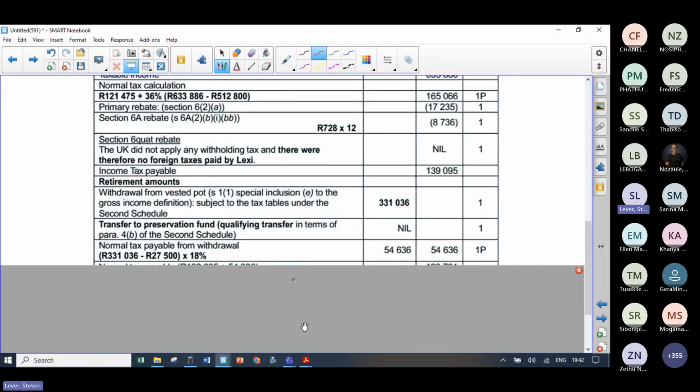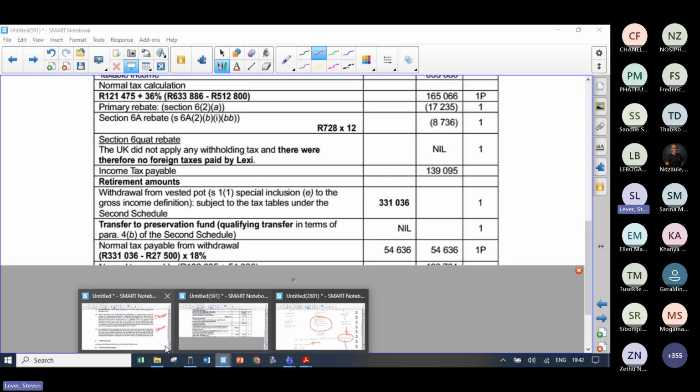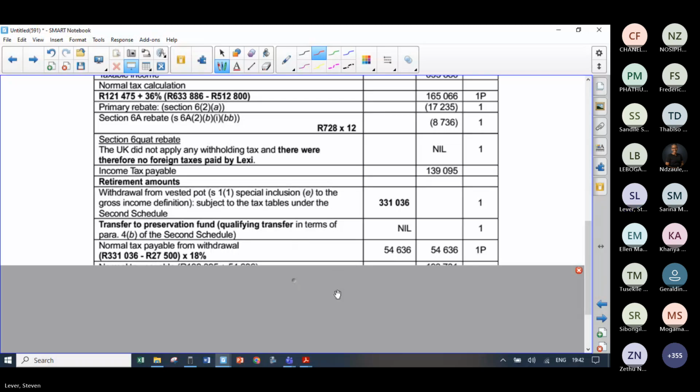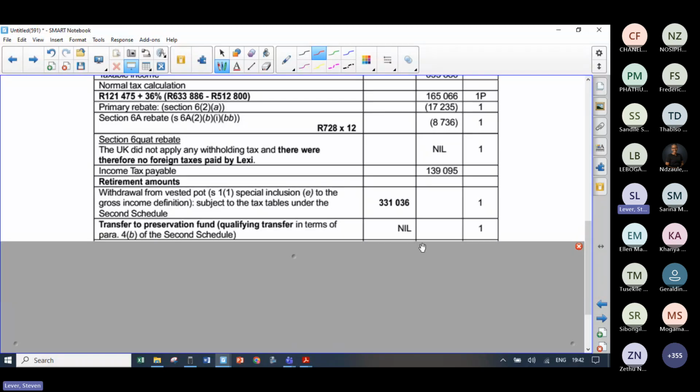So there it is. And then, guys, looking at the question, the next thing it says, transferred the retirement component to a provident preservation fund. Remember, when you transfer from one fund to another, what are you required to do? You can see inside the question, there's no tax effect.